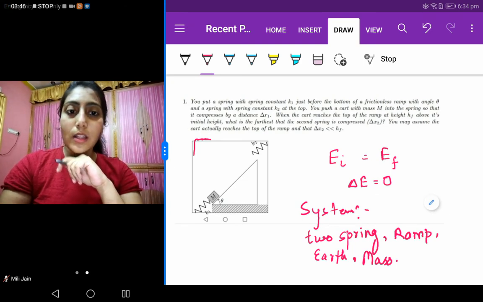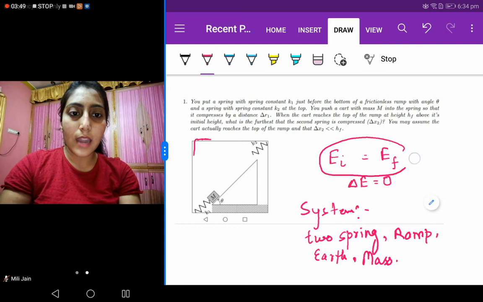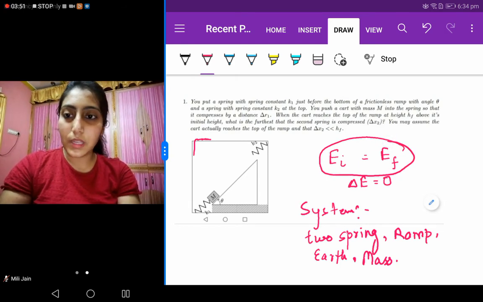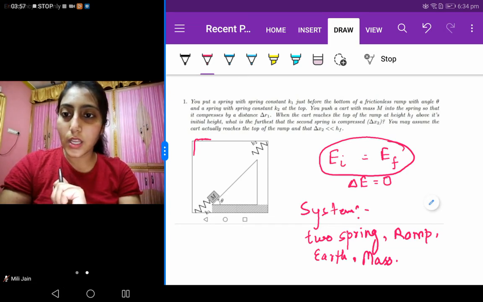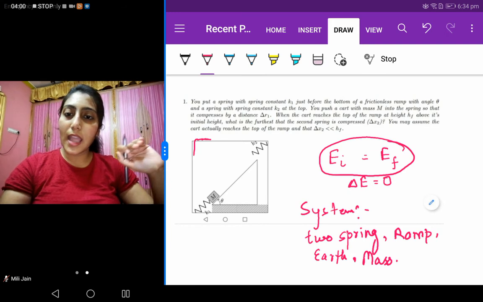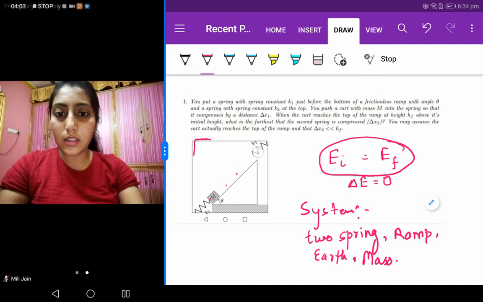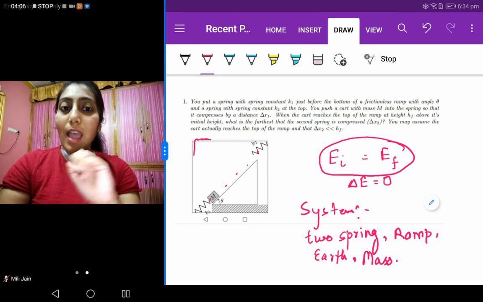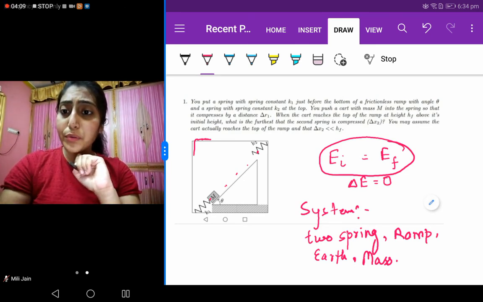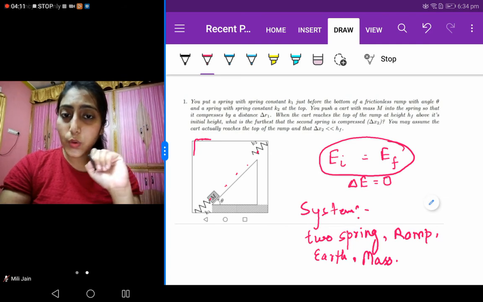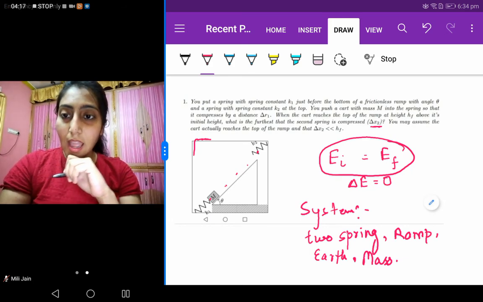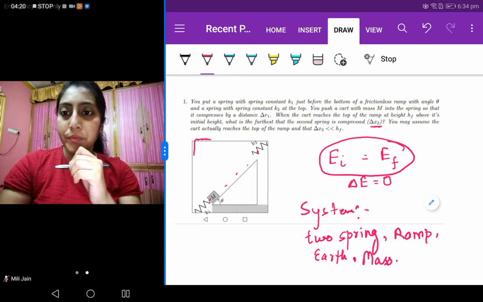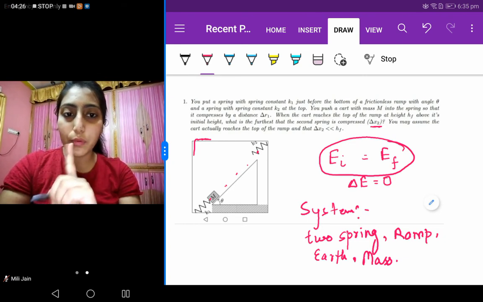Okay, now we need to write an equation Ei equals Ef. So we need to decide 2 points between which we are going to conserve the energy. At every point in this system the energy is conserved, so you can take any 2 points. But we have to be very smart here. We have to take such 2 points that include this compression delta x2, because that we need to find, and all the other terms are known, because we have only one equation here.